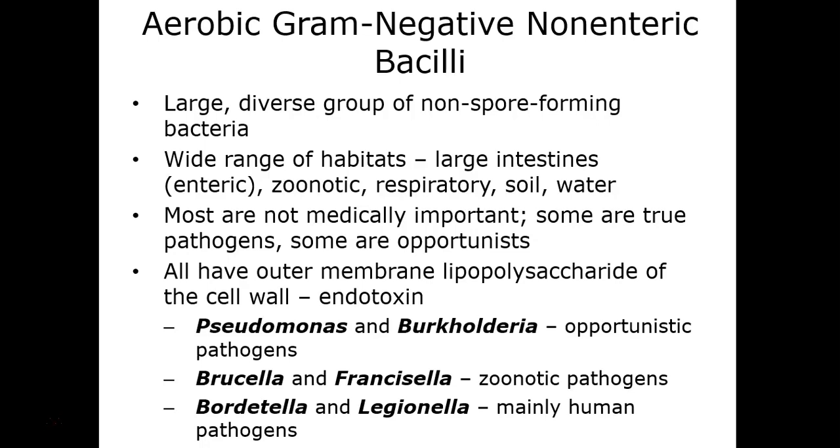And we also have Bordetella and Legionella, which are both mainly human pathogens. Bordetella causes pertussis, also known as whooping cough. And Legionella pneumophila causes a respiratory disease, and we'll get into that in a little bit, but it's known as Legionnaire's disease.